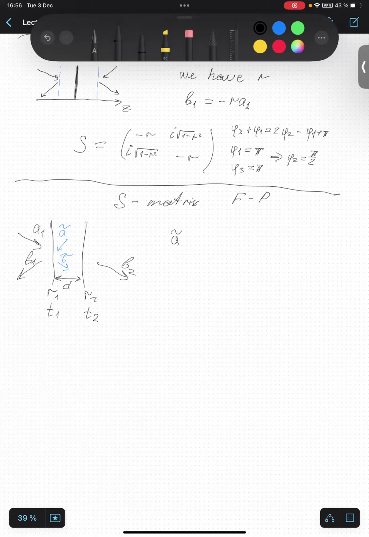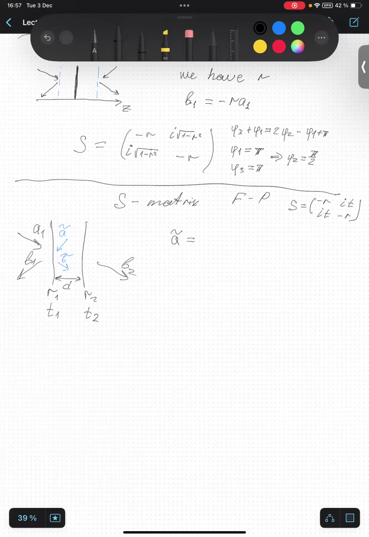First, we start with A tilde. What do we have? I also will rewrite the S matrix of the mirror in such a way, for simplicity.